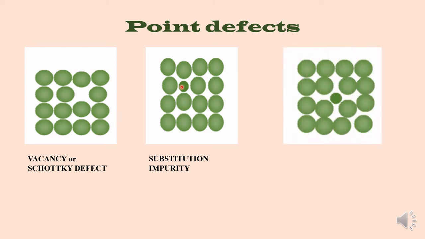Third type of point defect is interstitial impurity. We know impurity atoms are doped into the silicon crystal.